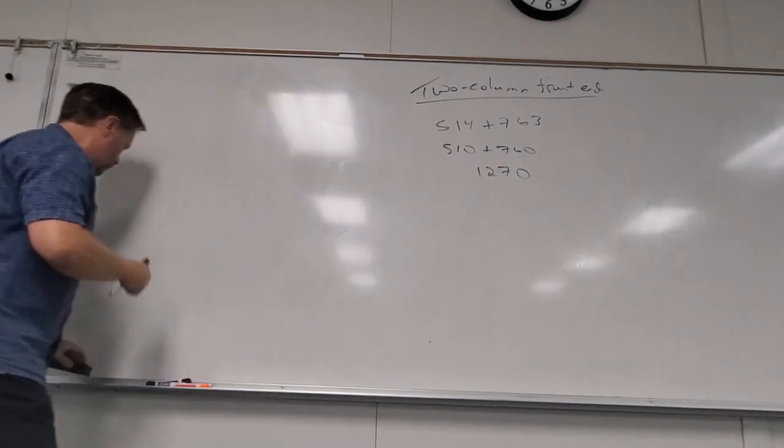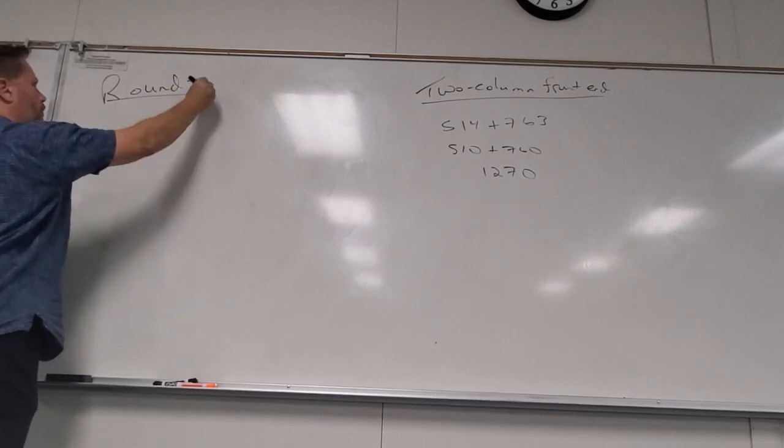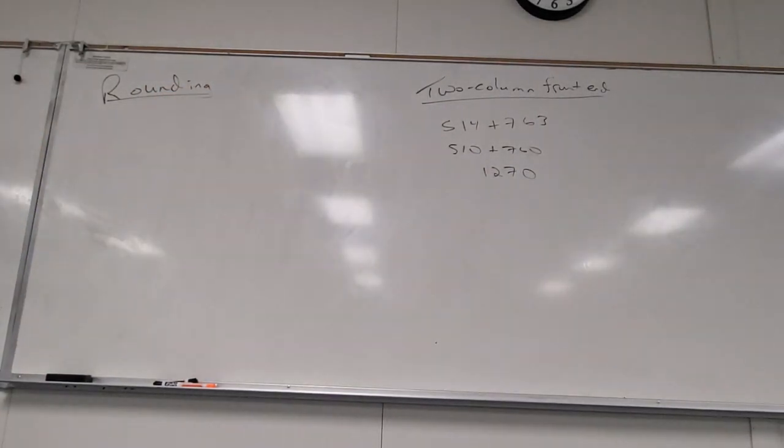Okay. So let me ask you this. What really confuses me is over the years, the number of students who don't really know how to round correctly has just gone up. I'm not sure exactly what to attribute that to, but I think in high school, they're using calculators more and more.